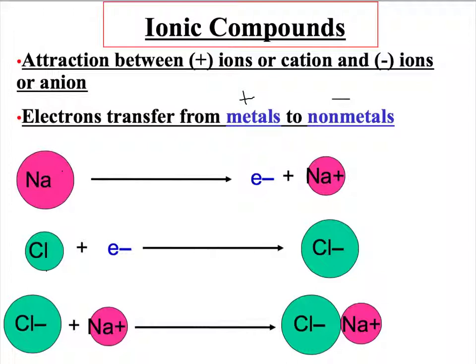The chlorine, the nonmetal, is going to gain an electron to become chlorine -1. And then when they bond together, like you can see in this last step, the chlorine -1 is going to go together with the sodium +1, and they're going to form a compound. So this shows them bonded together in an ionic compound.